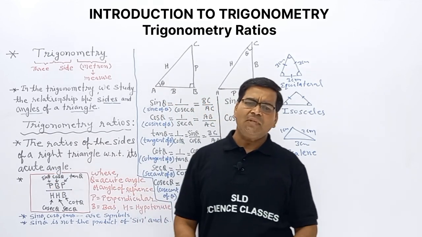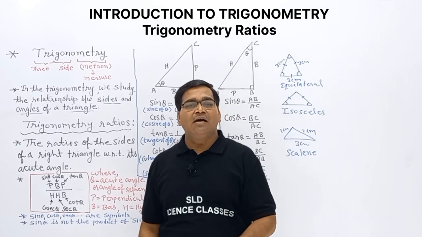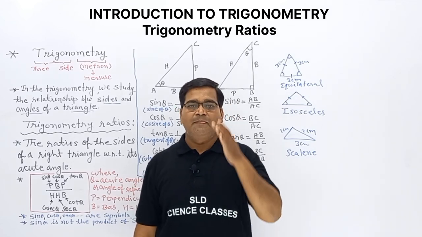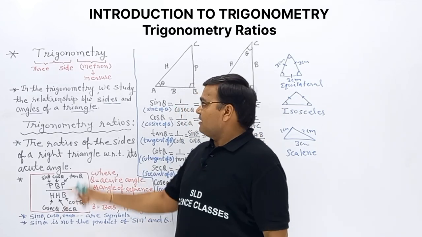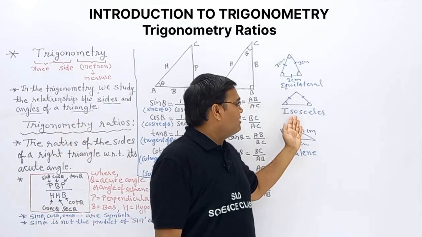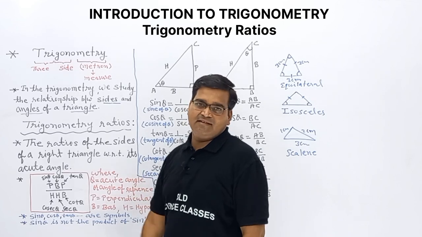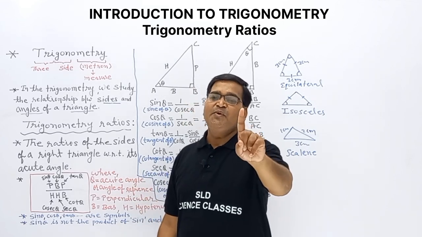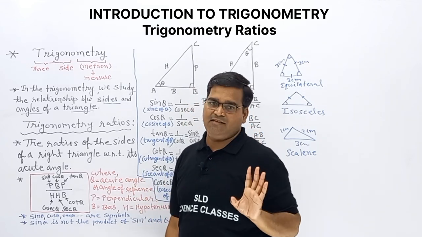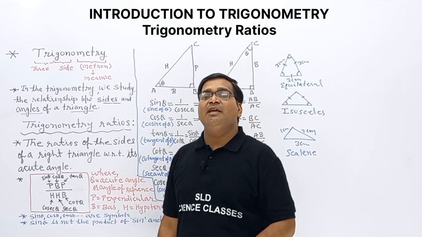You already studied different types of angles. I explained the different types of triangles: equilateral, isosceles, scalene, right triangle. Based on the angle, we have different types of angles.